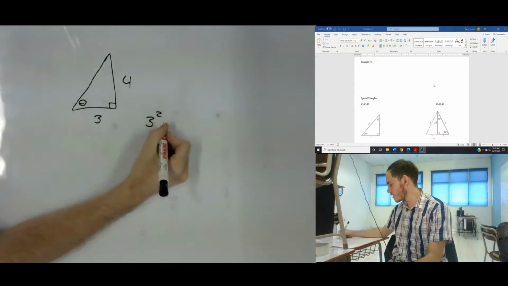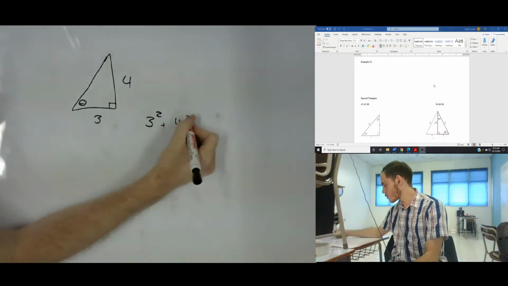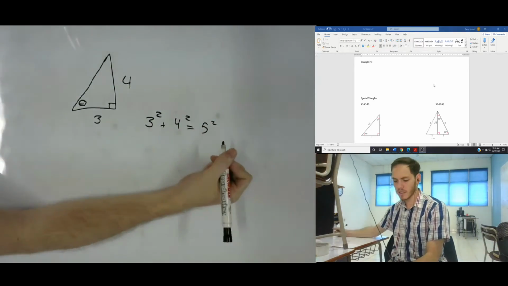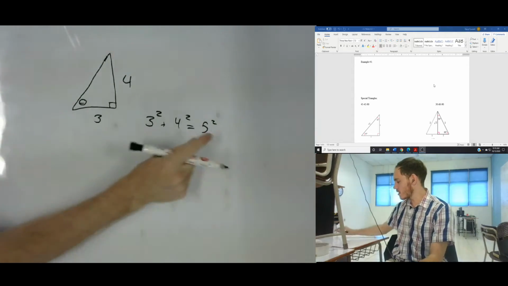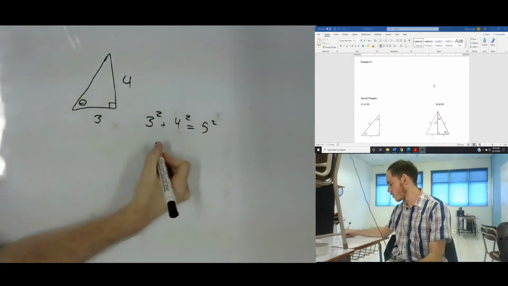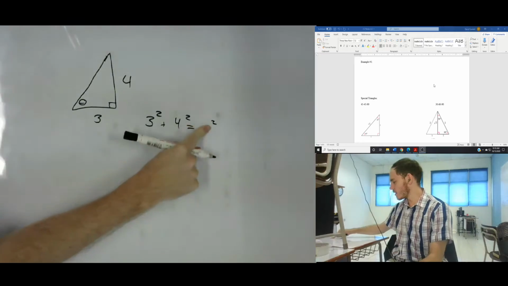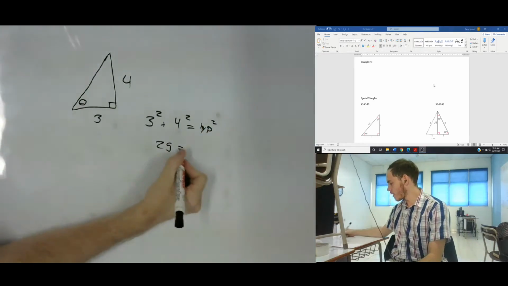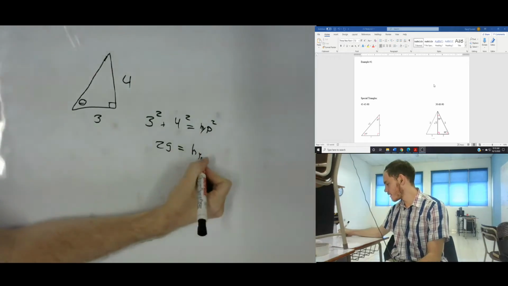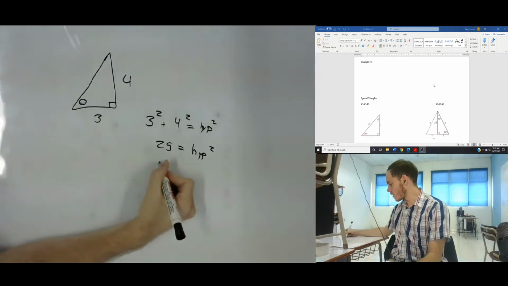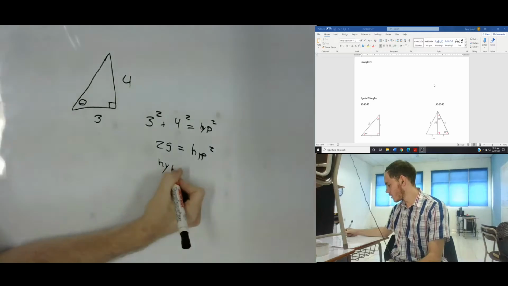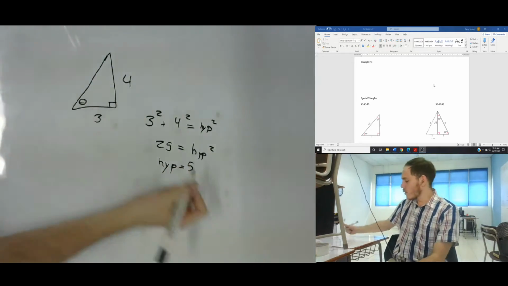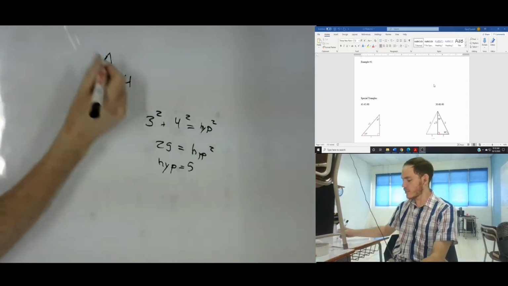Pythagorean's theorem is 3 squared plus 4 squared equals 5 squared. Okay? Okay, so 3 squared plus 4 squared is 25. Sorry, this would be hypotenuse, but 25 equals hyp squared, so hypotenuse equals 5. Okay, what are the 6 trigonometric functions for this?